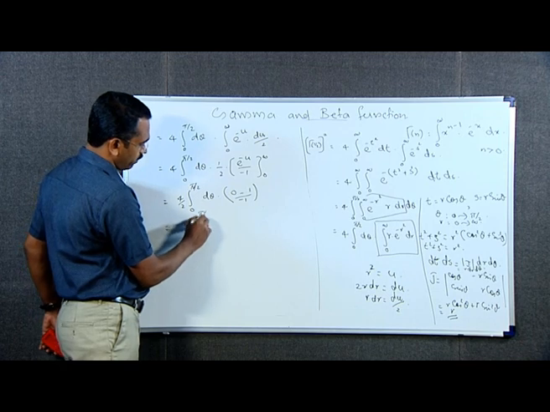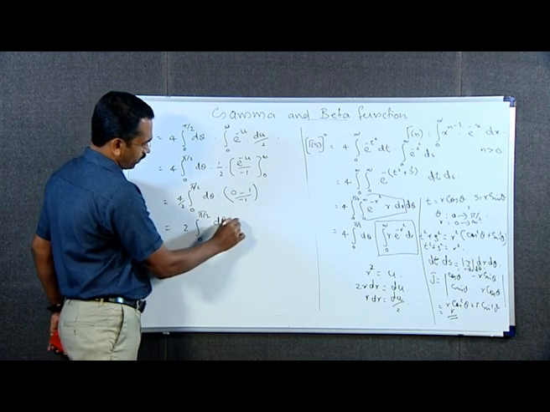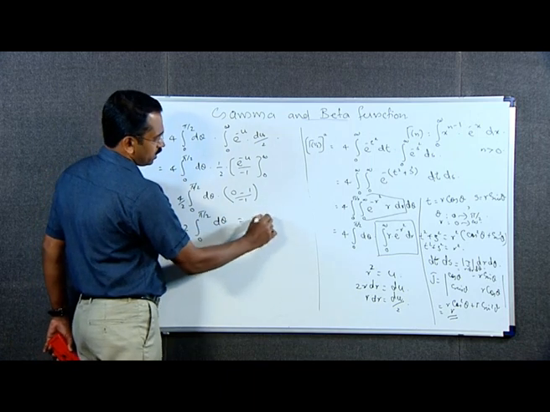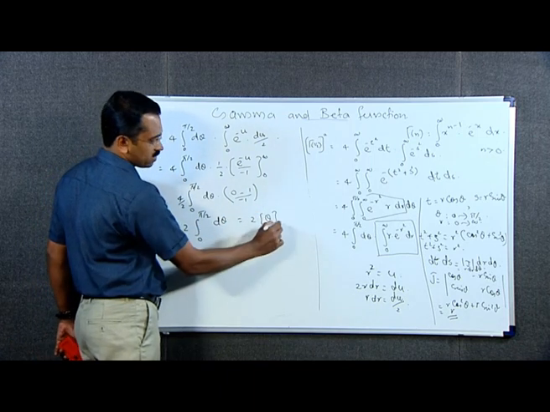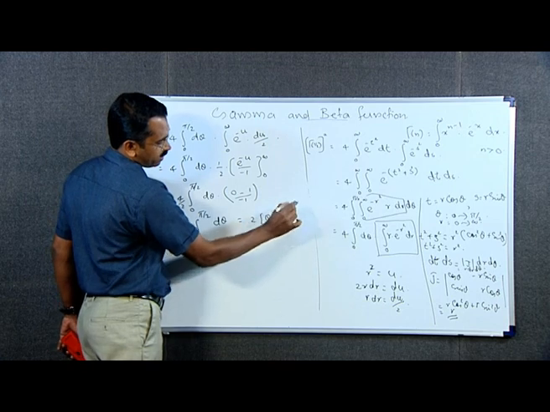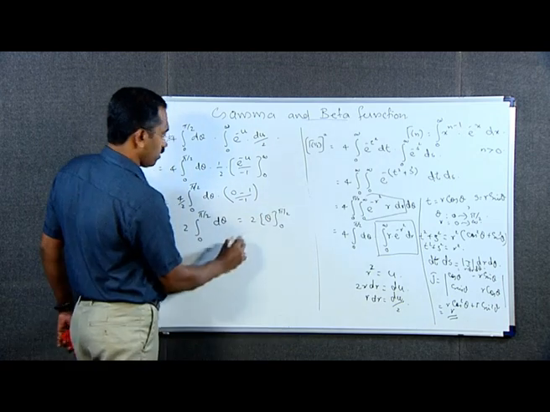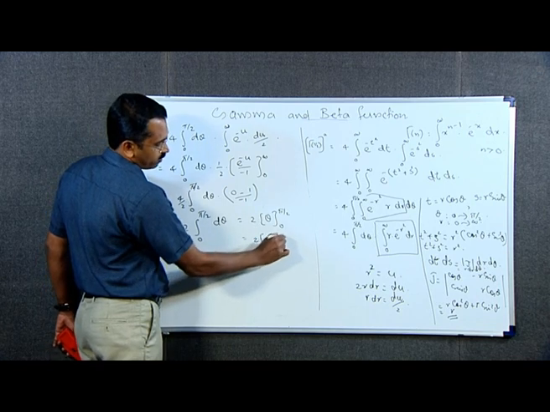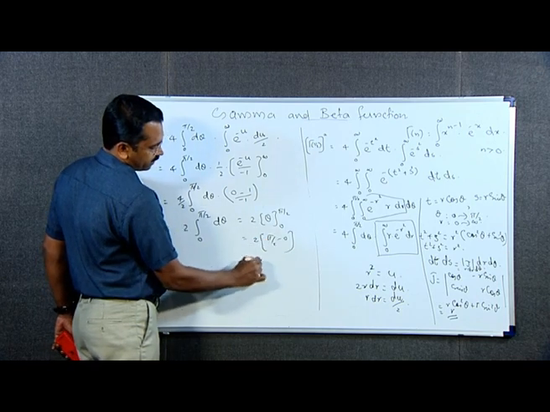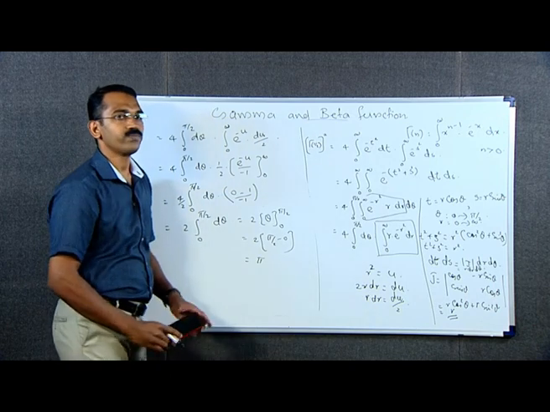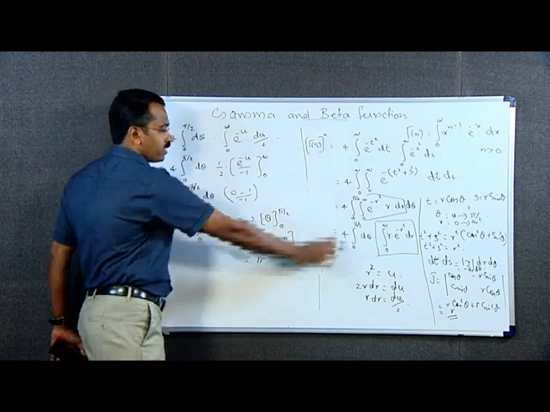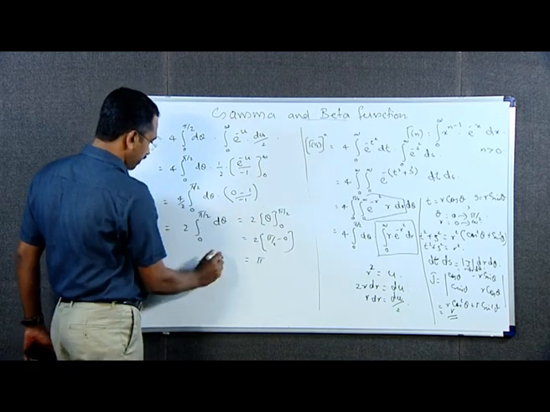0 to pi by 2 d theta, which is equal to 2 into theta between the limits 0 and pi by 2, that is equal to 2 into pi by 2 minus 0, that is pi. That means gamma 1 by 2 the whole square is equal to pi.